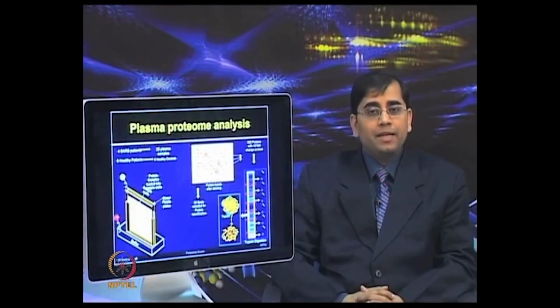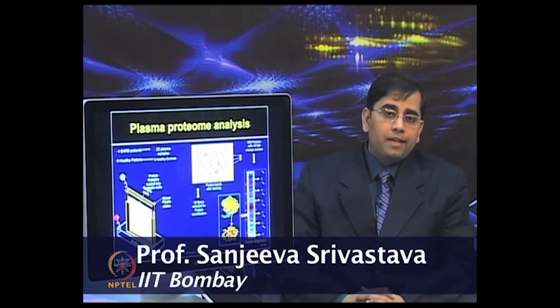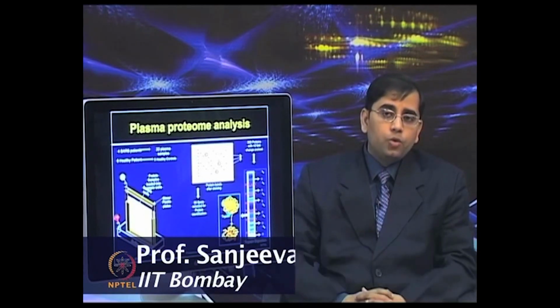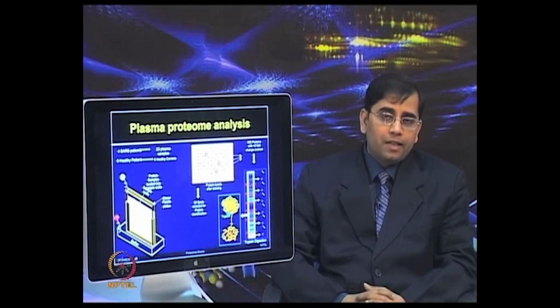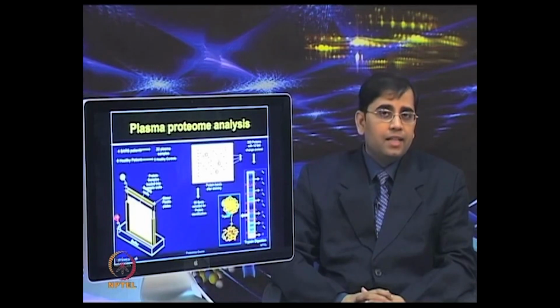For the plasma proteomic analysis, the authors explored the possible pathogenetic mechanism of progression of SARS by analyzing plasma proteins of 22 different plasma samples, which were obtained from 4 SARS patients and 6 healthy controls.